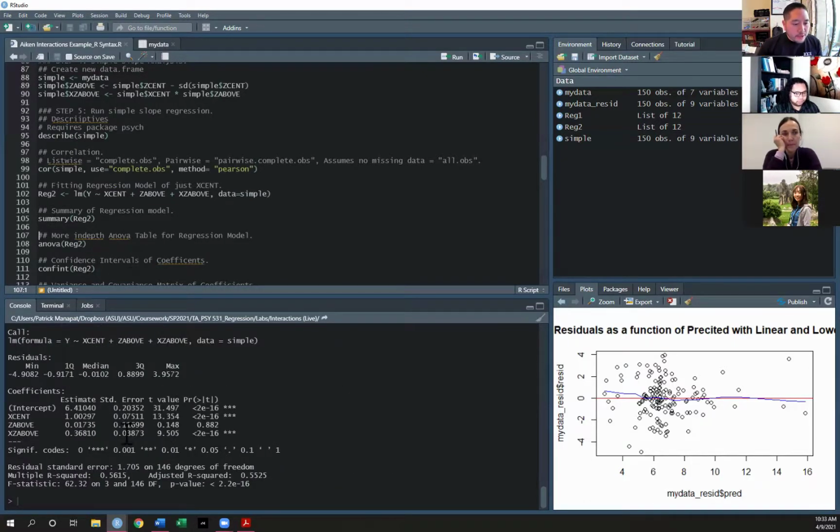And then from this summary, we can get our simple slope, the intercept, and then we get the appropriate standard error for the significance test, and the p-value is really, really small. And so we can say that at one standard deviation above on z, the relationship between x and y is significant.